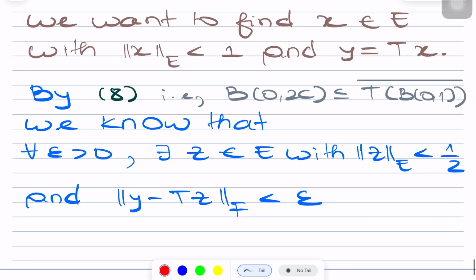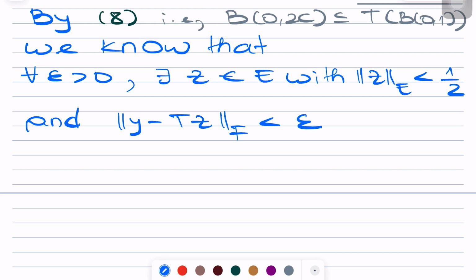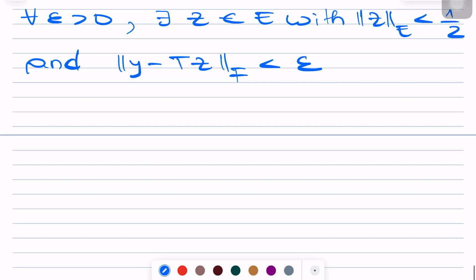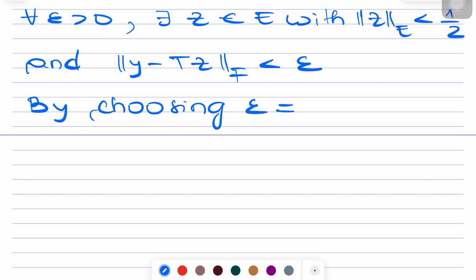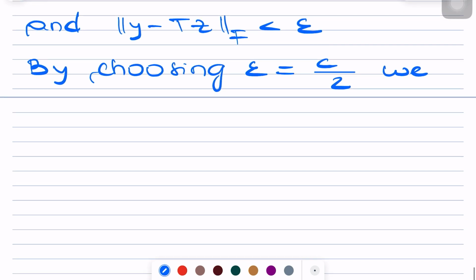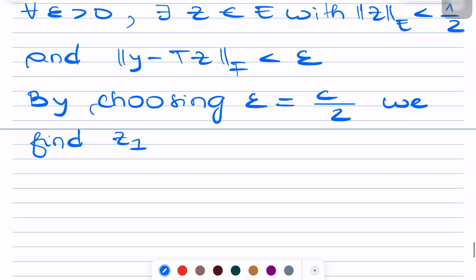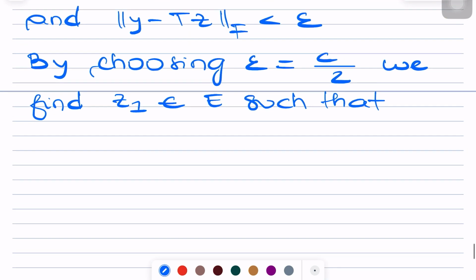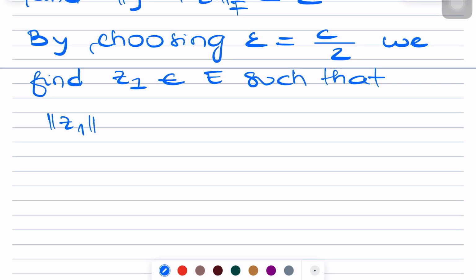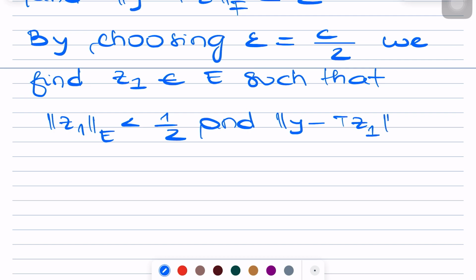Because epsilon is arbitrary, by choosing epsilon to be c/2, we find z1 in E such that the norm of z1 in E is less than 1/2, and the norm of y minus T z1 is less than c/2.